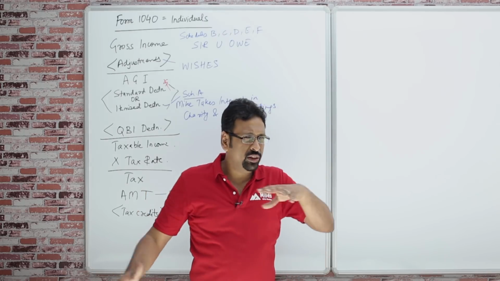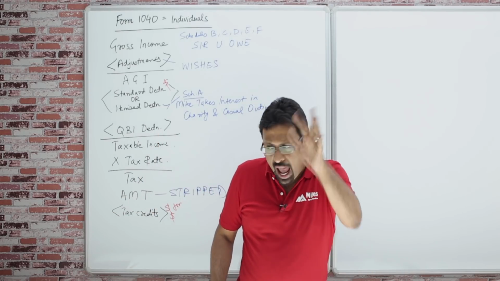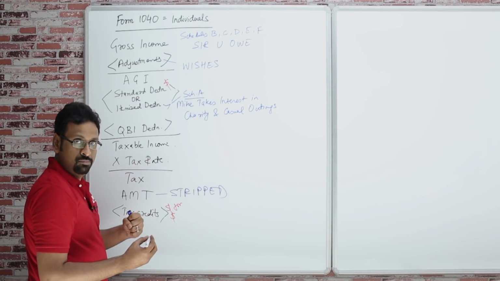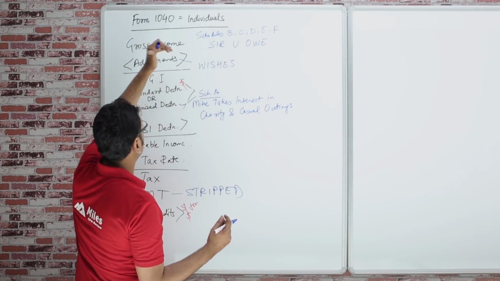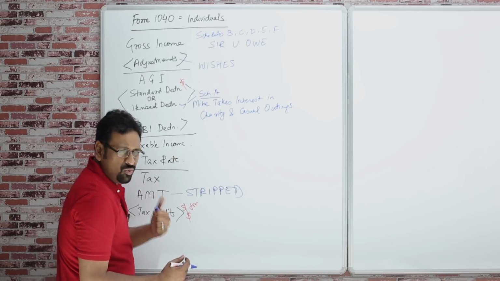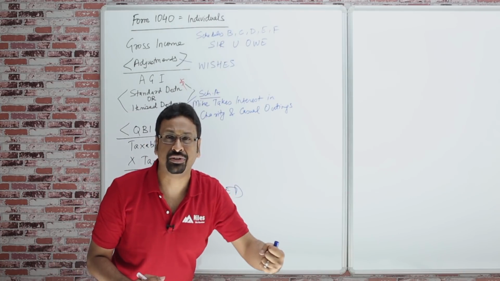Now, we're going to put all these non-refundable and refundable tax credits together, and I'm going to summarize all of them using our mnemonic. So it's going to be another mnemonic. We've done mnemonics for gross income, sir you owe, for adjustments, wishes, for itemized deductions. We spoke about Mike, who takes interest in charity and casual outings.